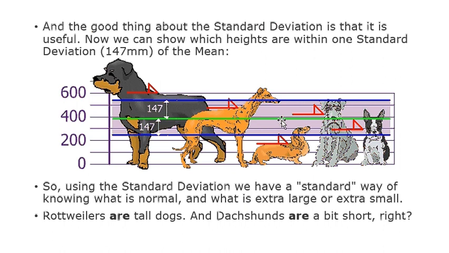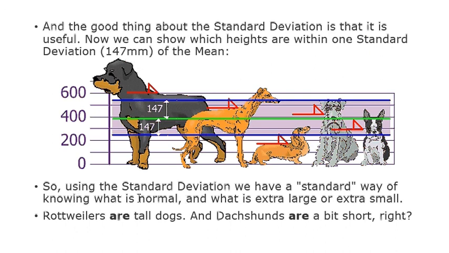the height of a dog, we can determine if it is a normal height or somewhat smaller height. And the good thing about standard deviation is that it is useful. Now we can show which heights are within what standard deviation, 147 millimeters of the mean.